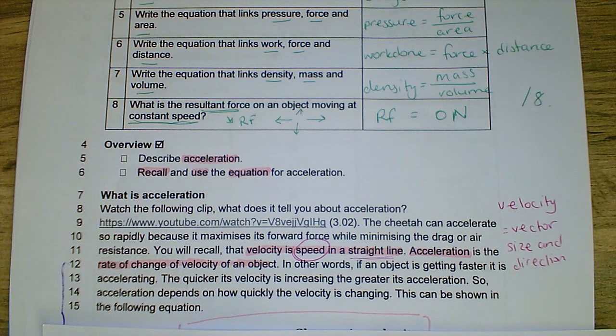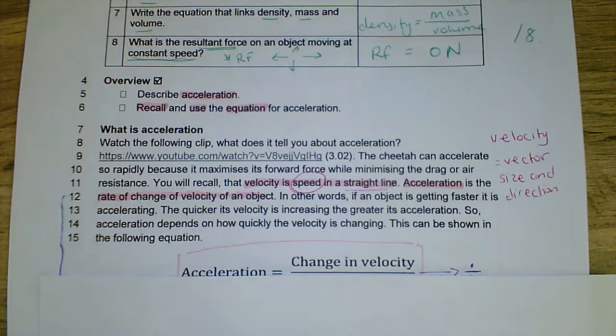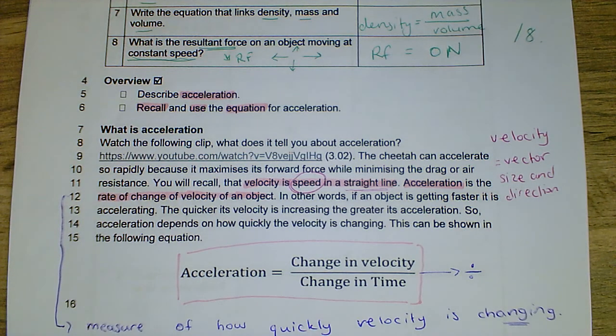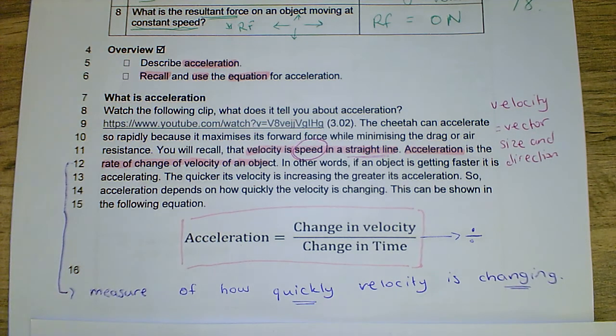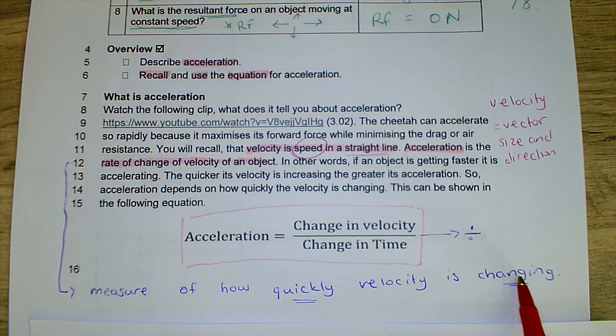Acceleration is the rate of change of velocity of an object. Now that sounds really complicated, I think. I don't like it. Okay, so another way of looking at it is that it is a measure of how quickly the speed is changing, or the velocity is changing.